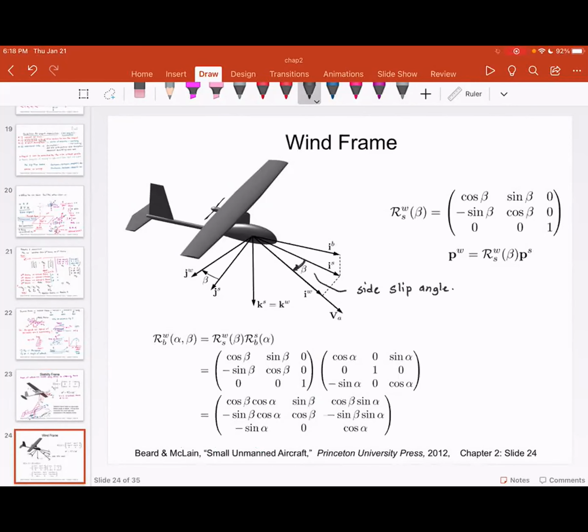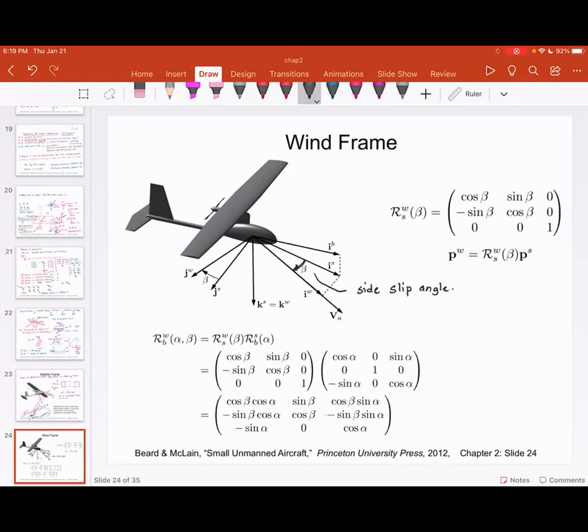And this side slip angle takes place because you have wind velocity. Now, this is very important. So sometimes if you have an aircraft that is very large, the wind velocity is comparatively small to the airspeed, so that can be ignored. But in the case of miniature air vehicles or MAVs, the wind velocity is anywhere between 30 to 50% of the airspeed, so it cannot be neglected.